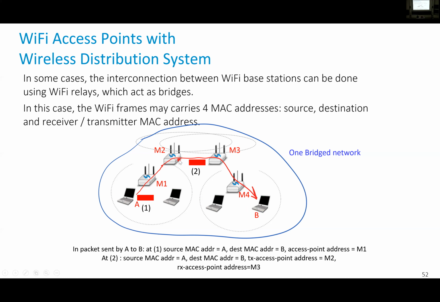Then we have a problem for the Wi-Fi frame as it goes from M2 to M3. The Wi-Fi protocol requires a source and destination address that are local to the Wi-Fi protocol when M2 is trying to send to M3.